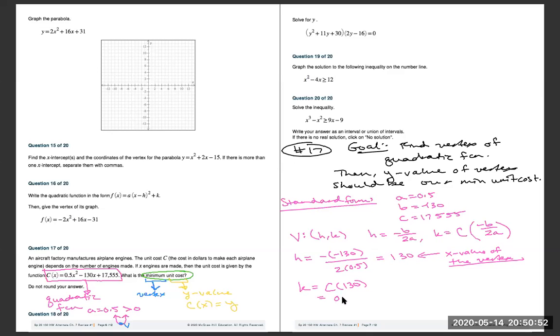That's going to be 0.5 times 130, the quantity squared, minus 130 times 130, plus 17,555. Okay, when you plug all that in and simplify, you wind up getting 9105.